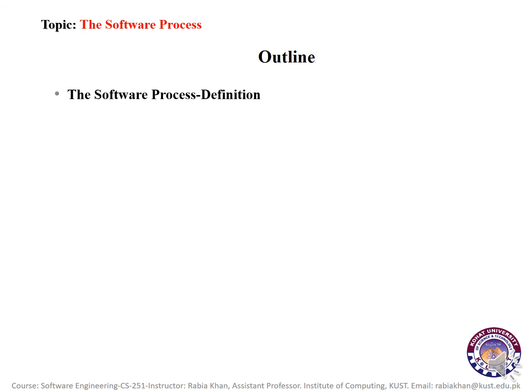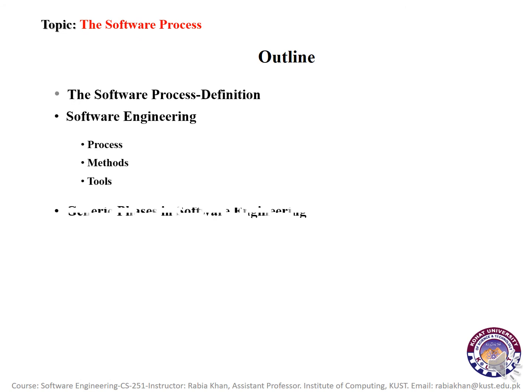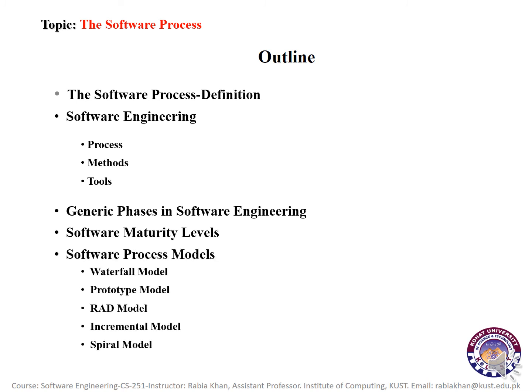The next topic that we are going to discuss is software maturity levels, or how a software process gains maturity. We are going to discuss those different maturity levels now.